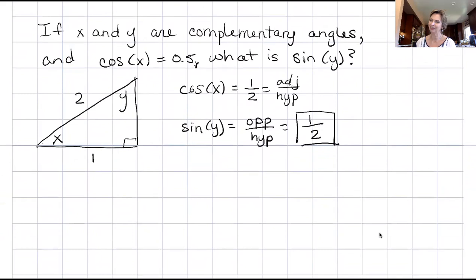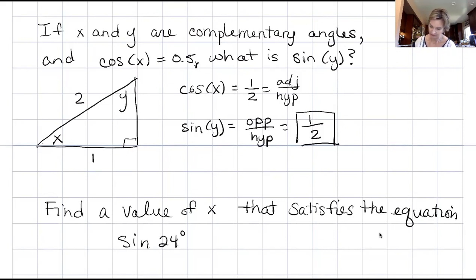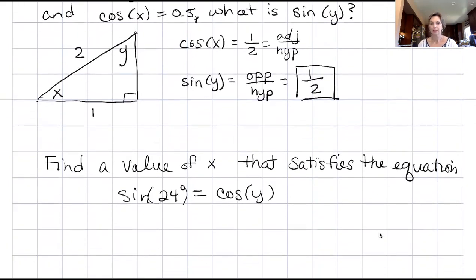Okay, let's try one that's phrased a little different. Find a value of Y that satisfies the equation: sine of 24 degrees equals cosine of Y. So what's the case when this would be true?